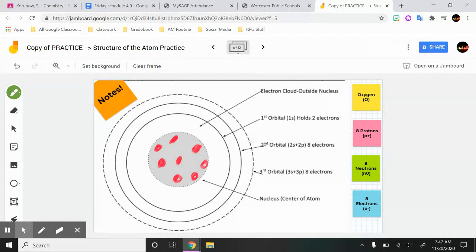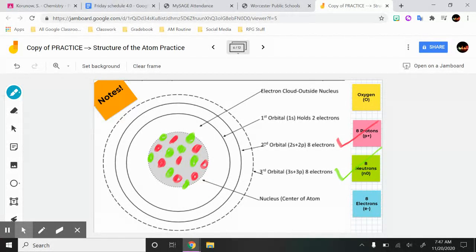It has 8 neutrons, 1, 2, 3, 4, 5, 6, 7, 8. Okay, so we've done our neutrons, and we've done our protons, and we've mixed them together in the nucleus.